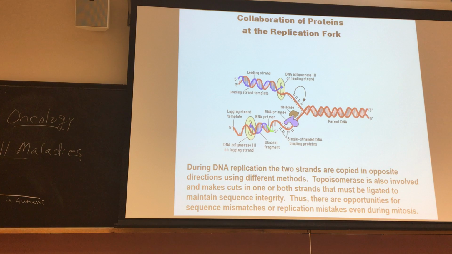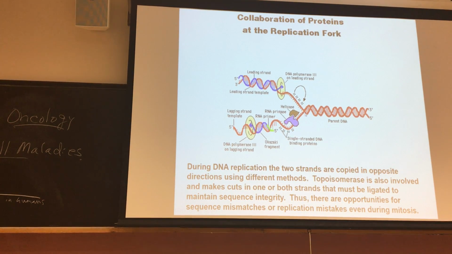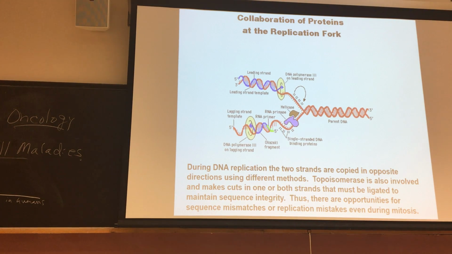Okay. You've probably seen this image before. How many of you have seen that one? Okay. And the big message here is that when you replicate DNA, one strand, the leading strand, is continuously replicated by simple insertion of nucleotides, starting with trinucleotides, you're building the strand from one end to the other.